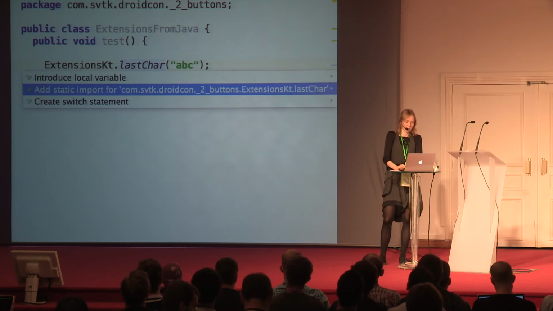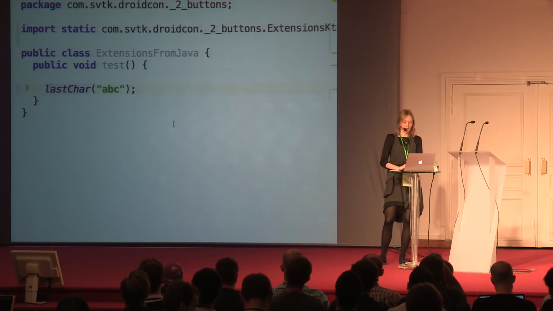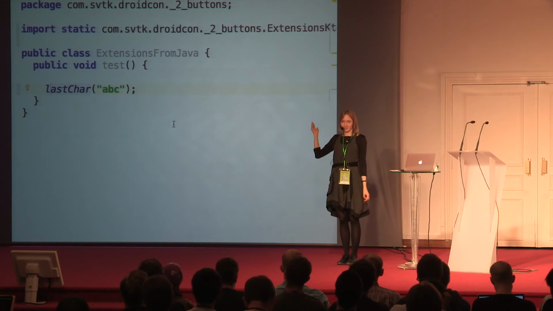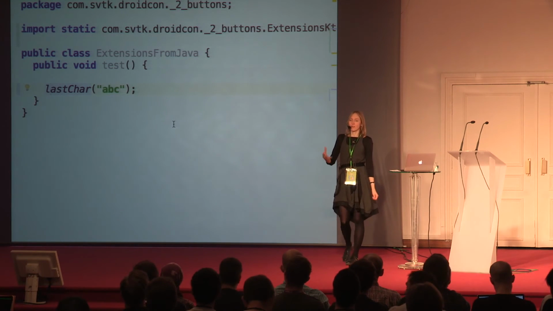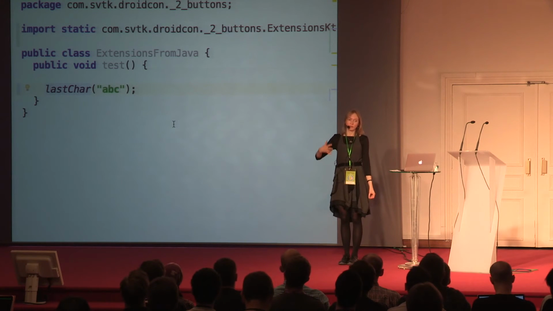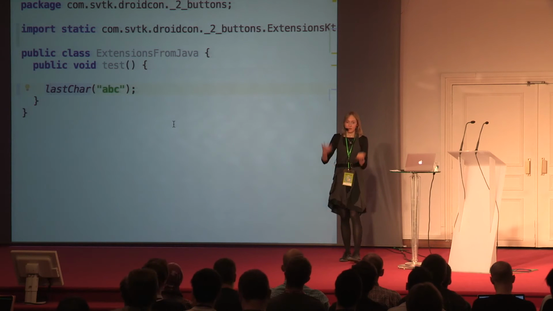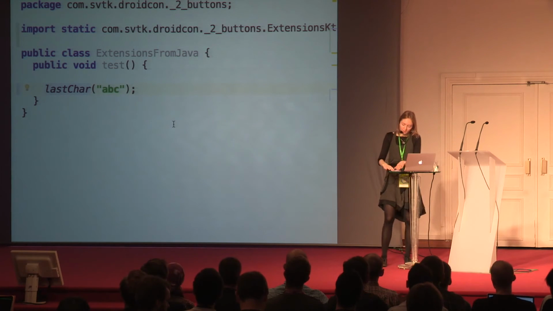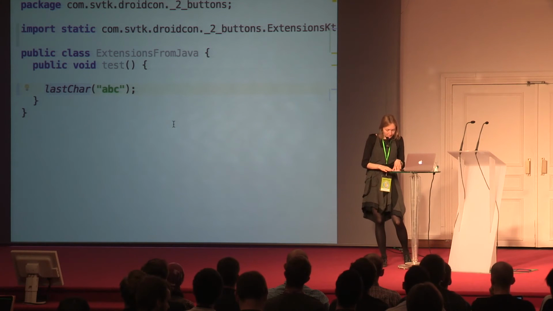You can, for example, import it statically, and it looks like your usual invocation of Java util classes. But in Kotlin, these extension functions look and feel more like Kotlin. They are visible in completion, they are reusable, and so on.